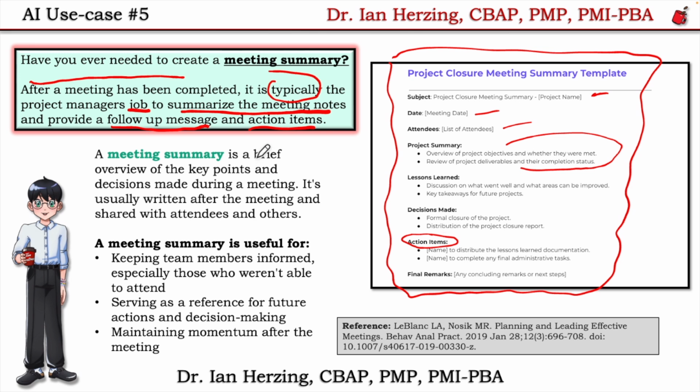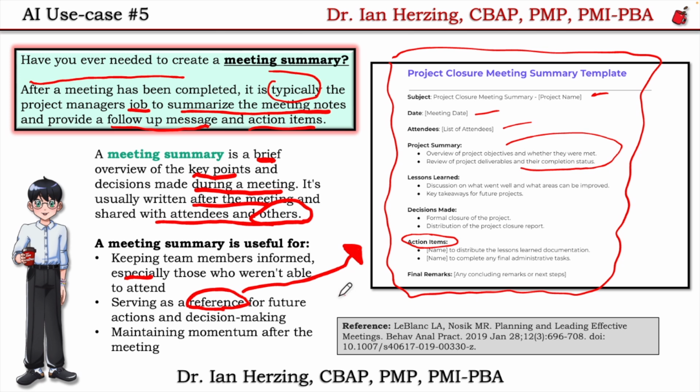So a meeting summary is a brief overview of the key points and decisions made during a meeting, and it's usually written after the meeting and is shared with attendees and other important stakeholders. It's really useful, like I said, for keeping people informed, and as a reference. I would even tell you that you can point back to action item lists to help hold your clients and customers accountable.